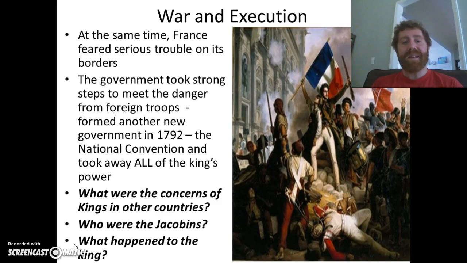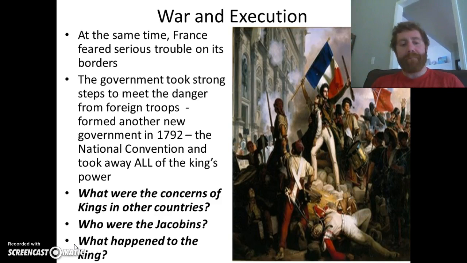And in response to this, in 1792, the Legislative Assembly declared war on Austria and Prussia. So not only is there trouble going on inside of France, now you are fighting a foreign war.